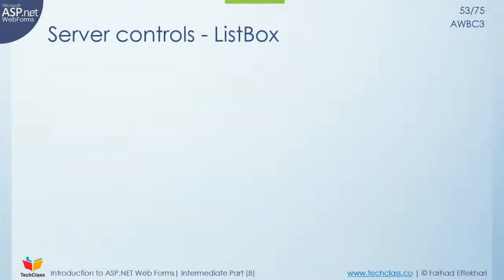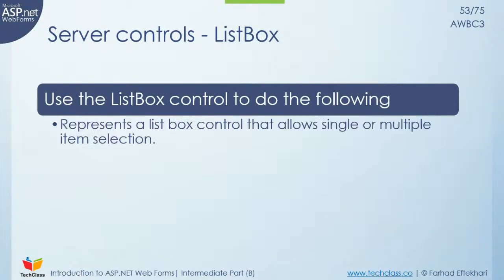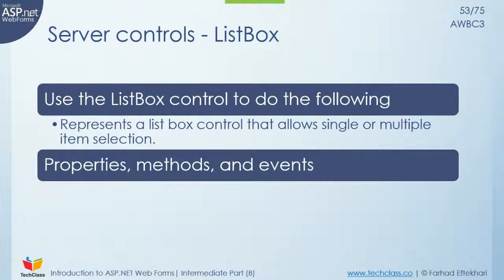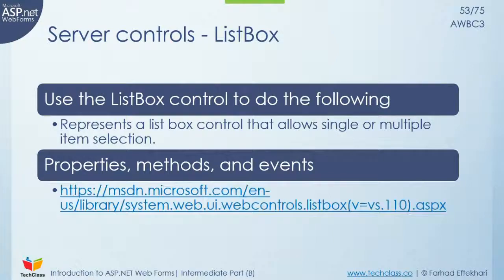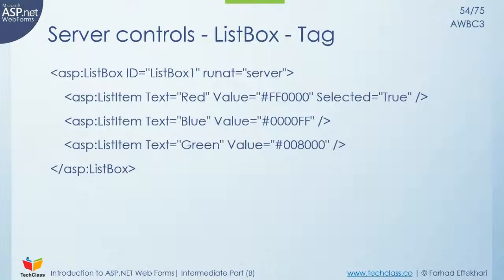The next control is ListBox. So ListBox, as you can read here, represents a list box control that allows single or multiple item selection. Here in this link, you can read about the properties, methods, and events of this ListBox control.